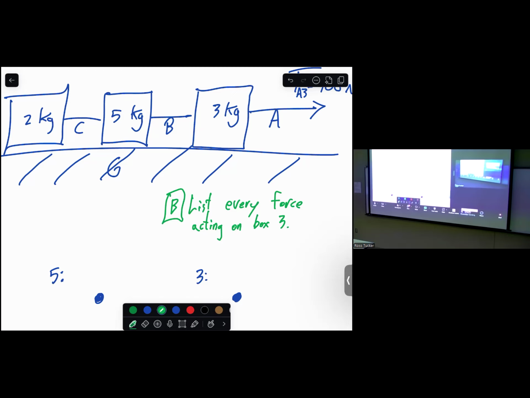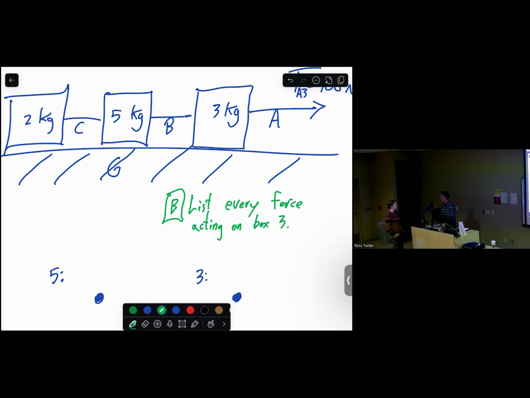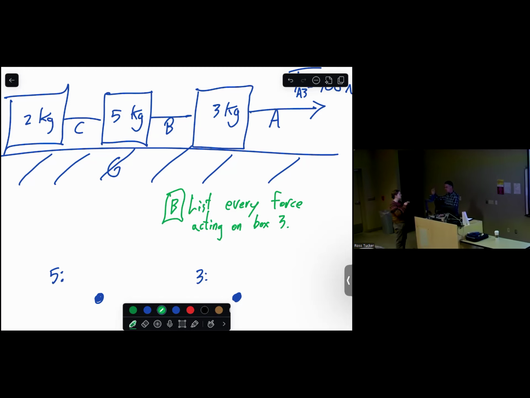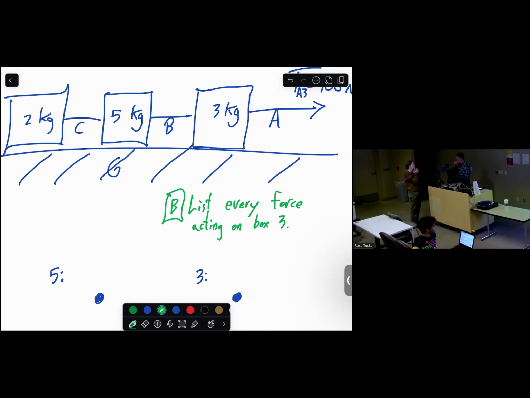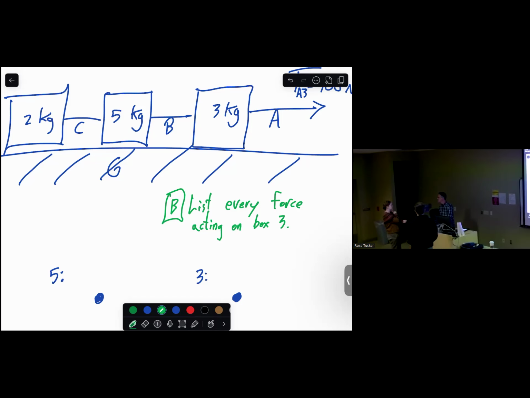No, I gave up on alphabetization. Same. I'd say opposite direction. B is holding that box back. Ropes exert forces in the direction of the rope. It is still tension. Is there friction?